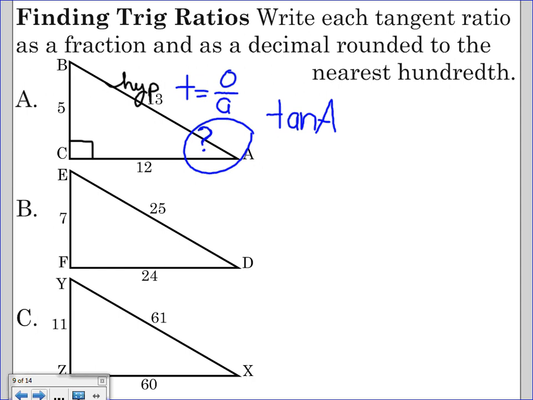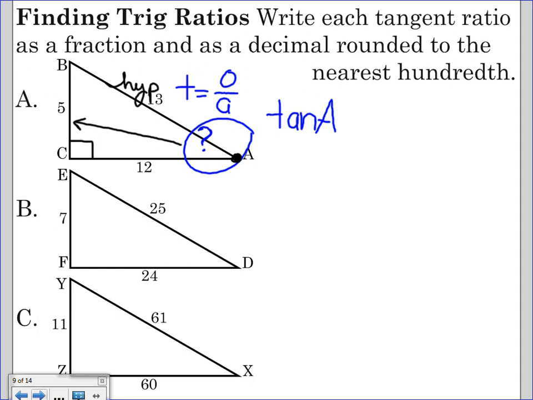Now, the word opposite means across from. We've been dealing with opposite for a while now. When we were dealing with isosceles triangles, we said that the opposite angle directly corresponded to the side. So here, for opposite, we're going to look at the side that's across from the angle, or the side that doesn't touch this part of the angle.